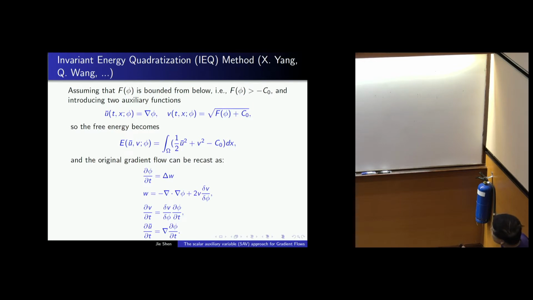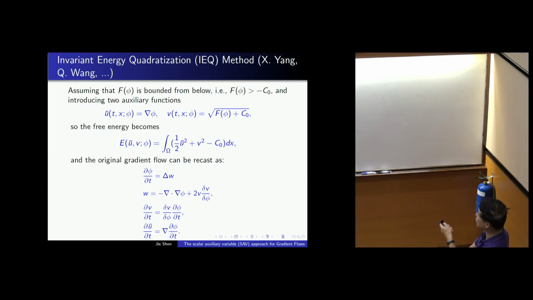So once you have the form as a sum of squares, this is called quadratization, right? Energy quadratization. Then you rewrite your original gradient flow like this. The first one doesn't change. The second one, you take your variational derivative with respect to phi. From here, you get this term, and from here, you get 2v delta v / delta phi.